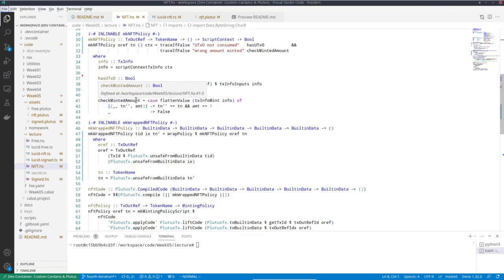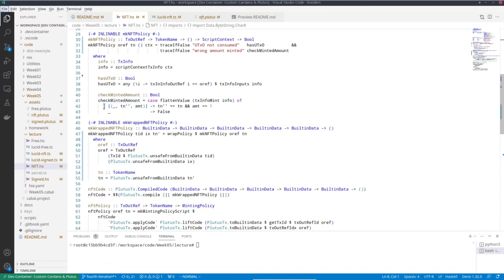Remember, I explained how validation in the presence of minting works. If there is a non-zero coin being minted or burned, then the script corresponding to the currency symbol of that coin will be executed.